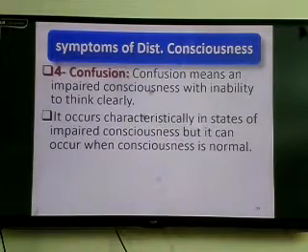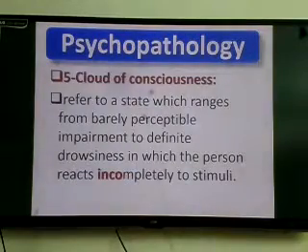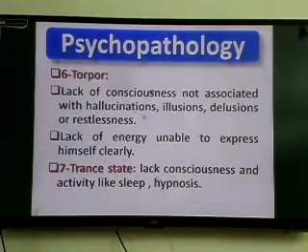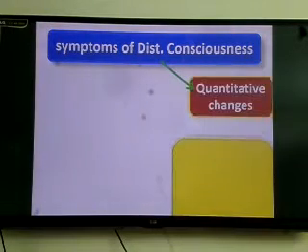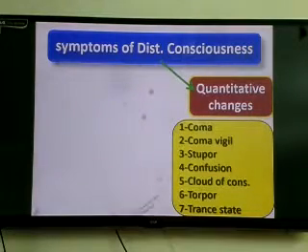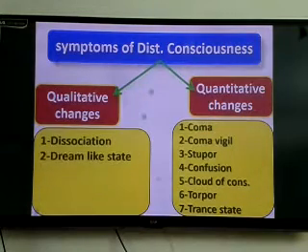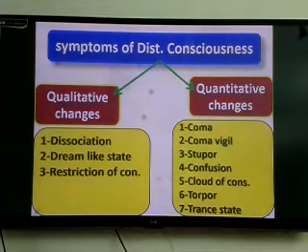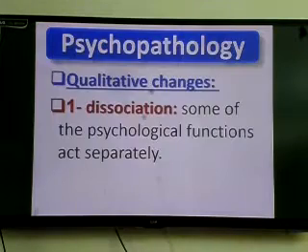Confusion, we talked about it, and we say that it is present in delirium. Cloud consciousness, torpor, and trance states. And we come back to the qualitative changes, which are dissociation, dream-like state, restriction of consciousness, somnambulism, and hypnosis.